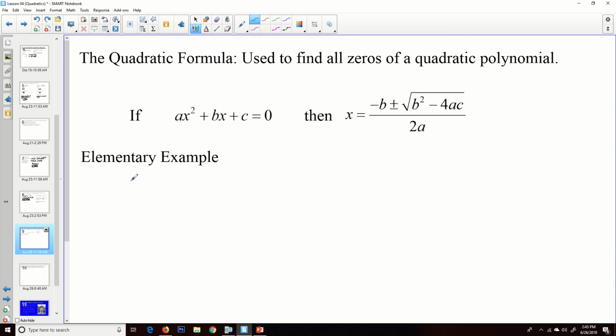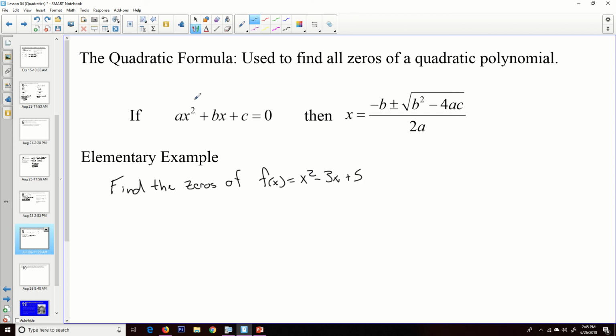So just a real elementary example, if I said find the zeros of f of x equals x squared minus 3x plus 5, that might come out.